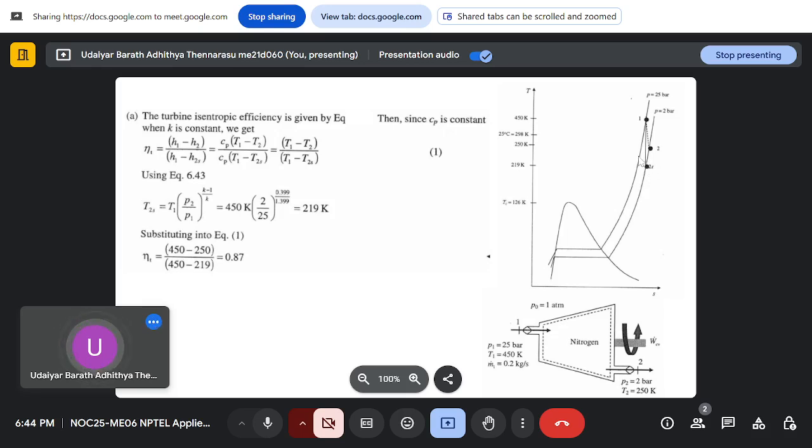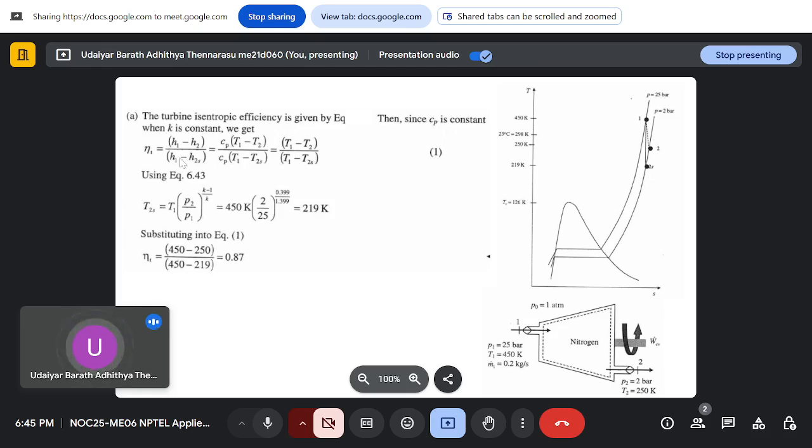But since this turbine is not 100% efficient, the state point 2 at 2 bar and 250 Kelvin will not have the same entropy as at the inlet. If it were 100% isentropically efficient, I would reach 2s. But since it's not, I'll reach state 2. So I have to find out this isentropic efficiency.